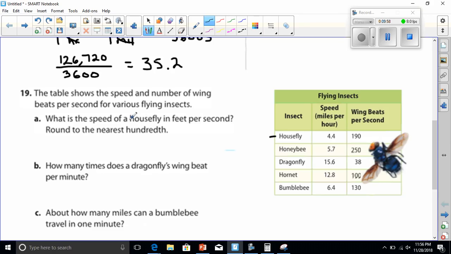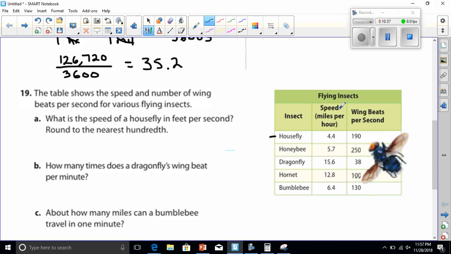There we go. The table shows the speed and number of wing beats, and it says what is the speed of the housefly? It doesn't say about the wing beats. What is the speed of the housefly in feet per second?